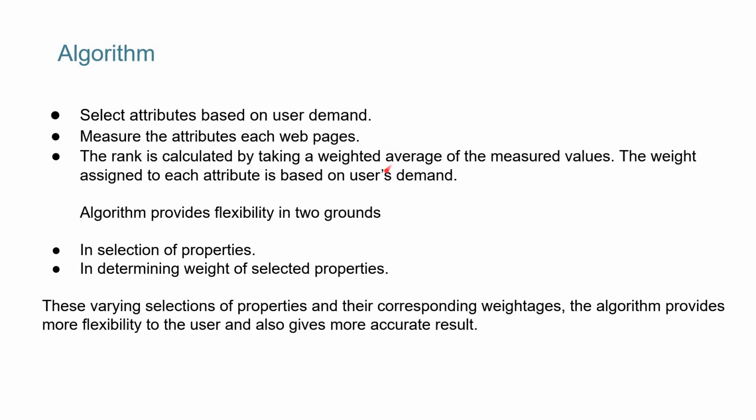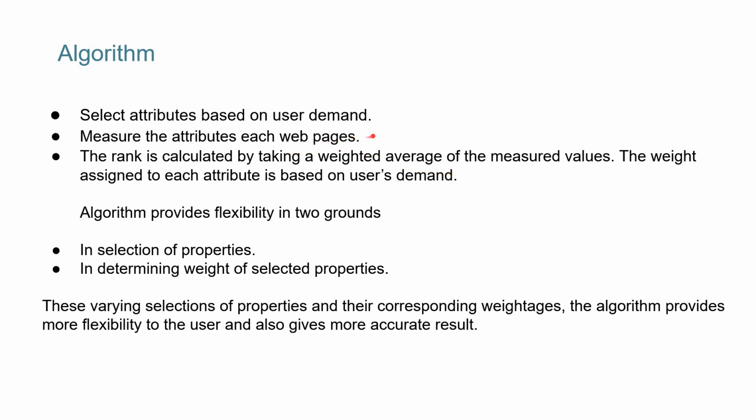Among these properties, some are chosen irrespective of the user's demand. These are the mandatory properties, like relevance weight, hub weight, and authority weight, and other attributes are chosen based on the user's demand to provide an accurate ranking, like number of hyperlinks, number of images.